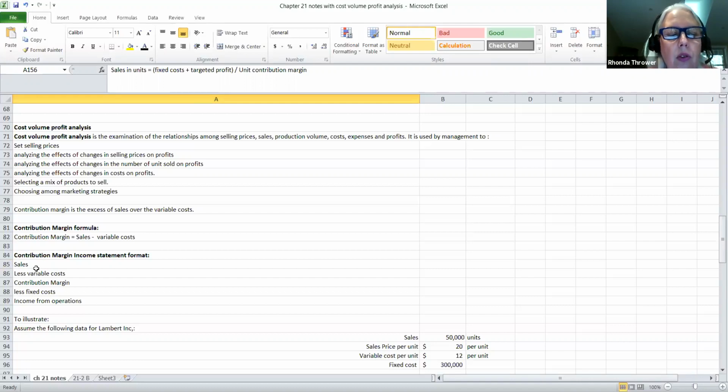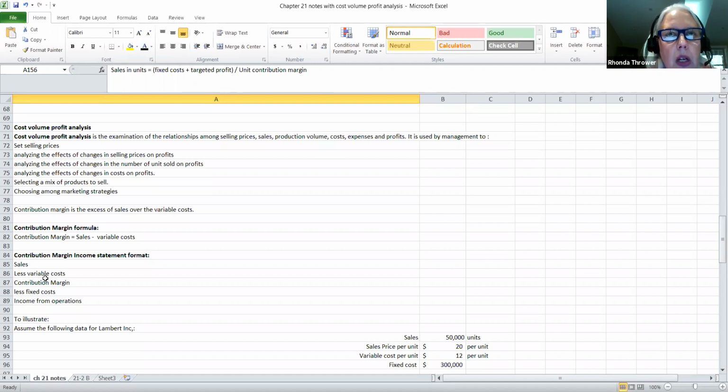So sales is still the revenue that you know about. But instead of subtracting out cost of goods sold from our sales like we would do in an external financial statement, we're going to subtract out our variable cost. Remember, we talked about variable cost the last time that we met, and our variable costs are our costs that will vary with the activity level of units that we are producing.